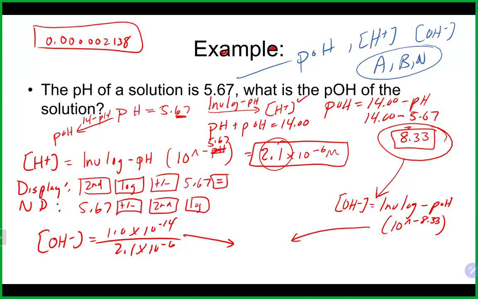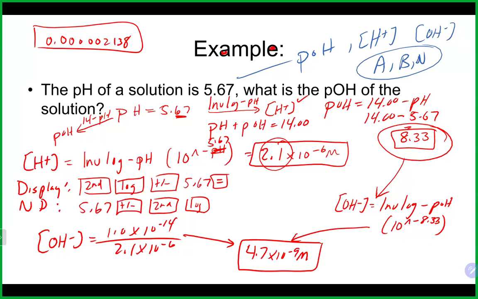So maybe I'll just do that. And you'll end up with perhaps a 4.7 times 10 to the minus 9 molar as your OH minus concentration.